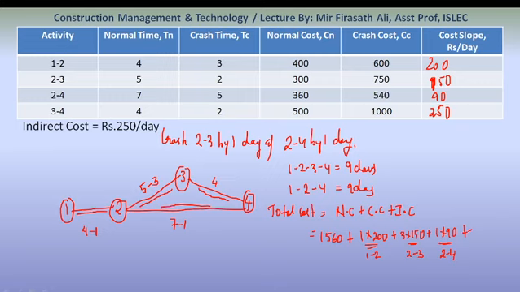Plus the project completion time: the project is completing in 9 days, so 9 into 250, this is the indirect cost.